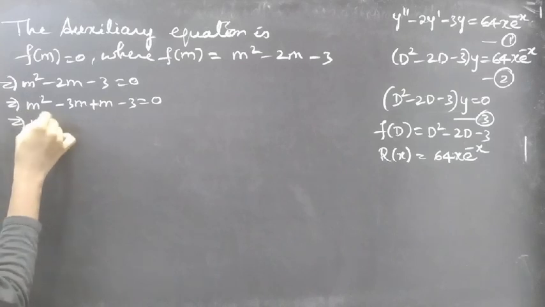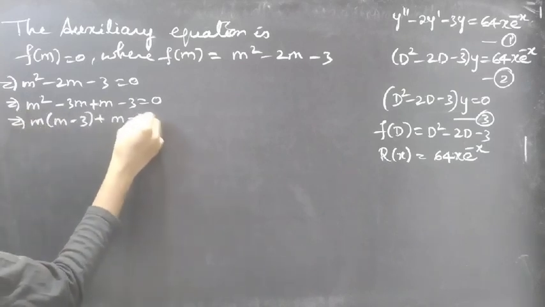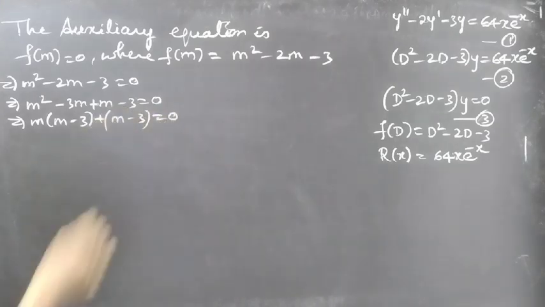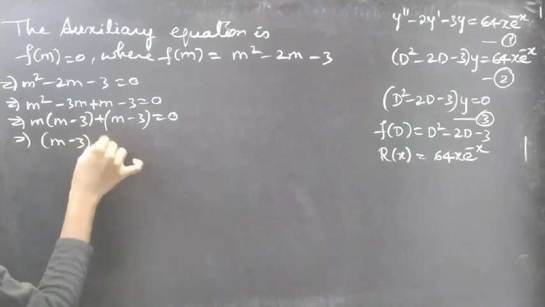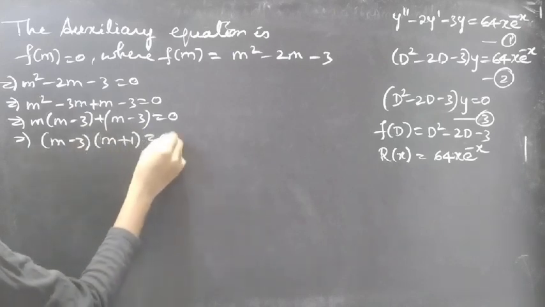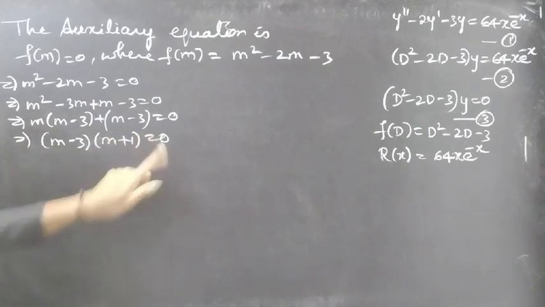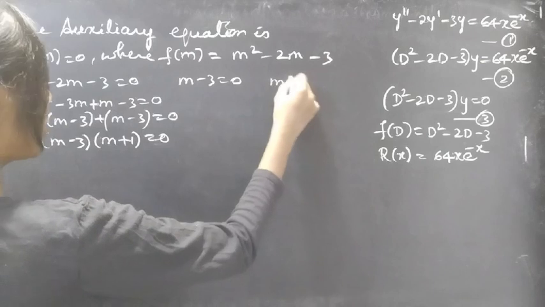Now take m common from the first two terms and leave the next two terms as it is. Now take m minus 3 common from the two terms. We'll get (m minus 3) into (m plus 1) equal to 0. Now equate each factor to 0. We'll get m minus 3 equal to 0, m plus 1 equal to 0.